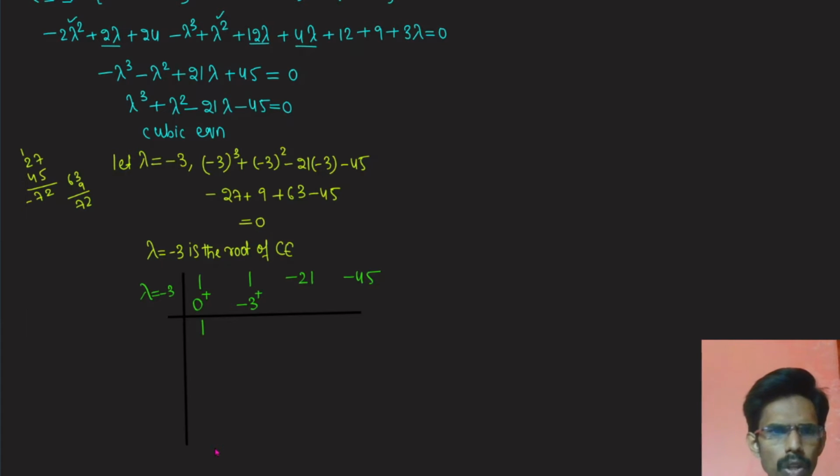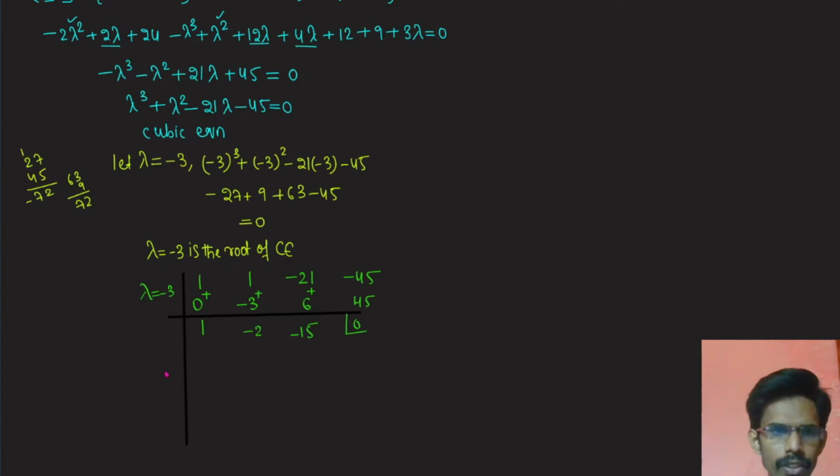Now add these two, I'll get minus 2. Now minus 2 into minus 3 will be 6. Now add these two, I'll get minus 15 here. Minus 15 into minus 3 will be plus 45. So I'll get 0 here.